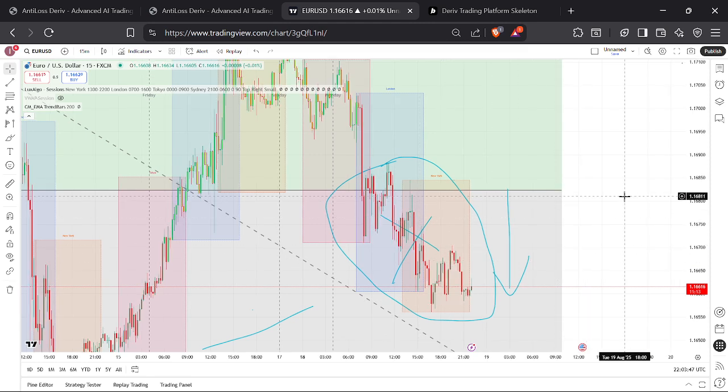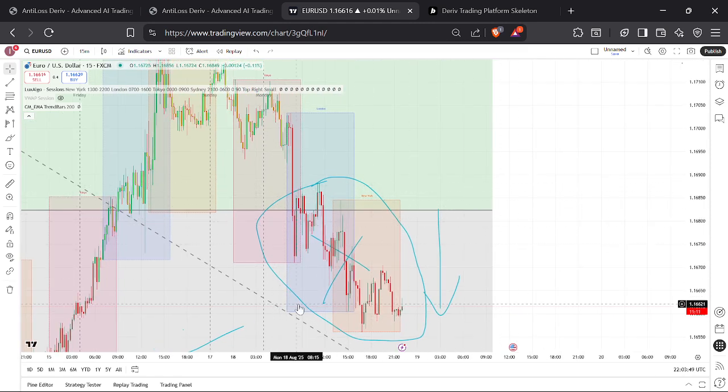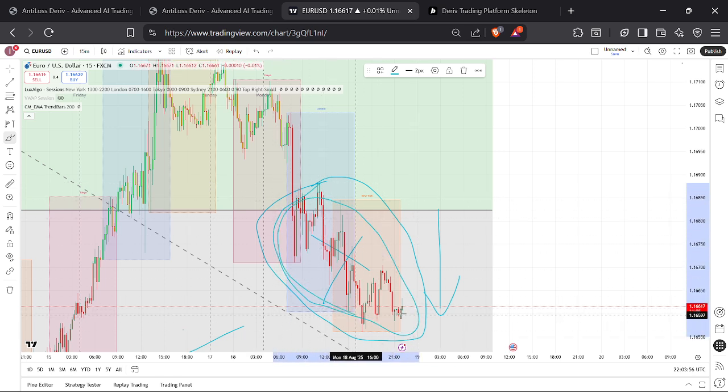That's why you're starting to see very huge volumes coming in the market at this point here. Very huge volumes are coming here compared to the volumes that are here.